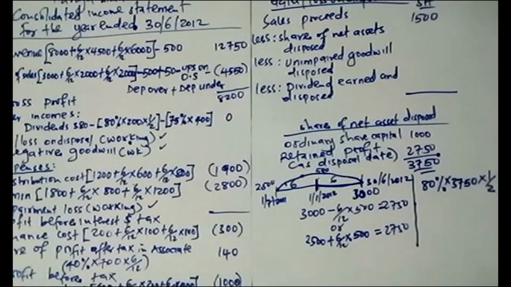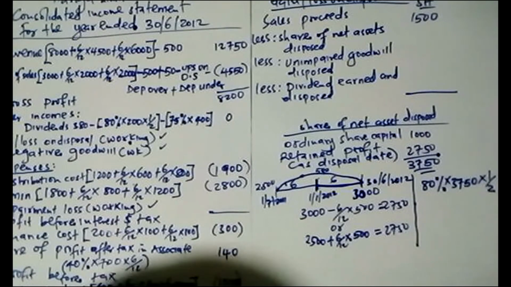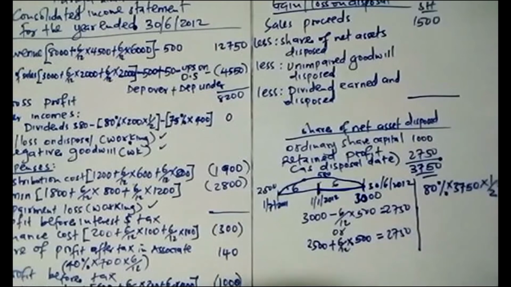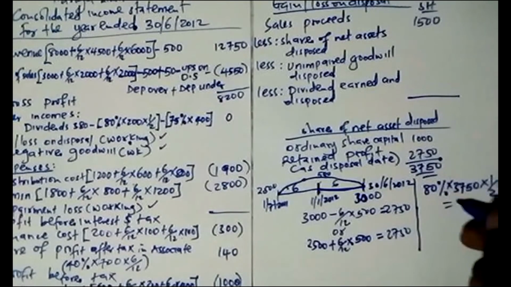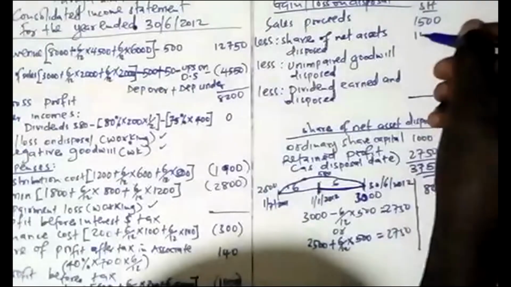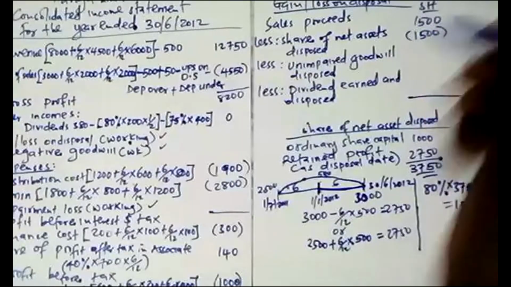So if I use my calculator, I'm getting 1,500. So this one is 1,500, which is 80% of that 750 times a half. That is what we are looking for.